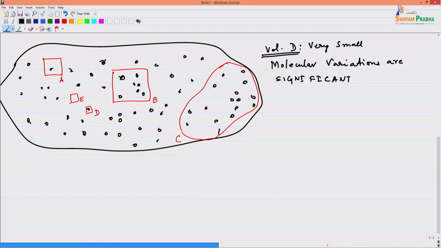How each molecule behaves, each molecule's variations, is going to be significant for a volume like D.